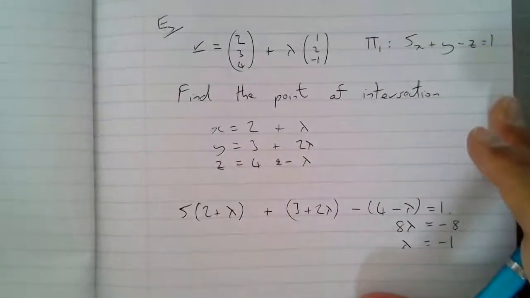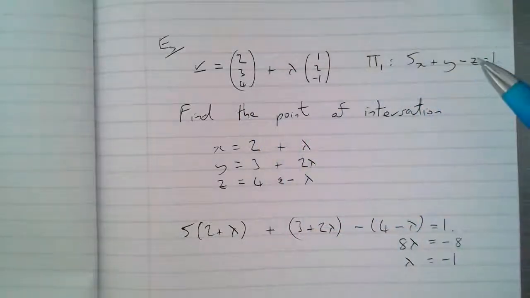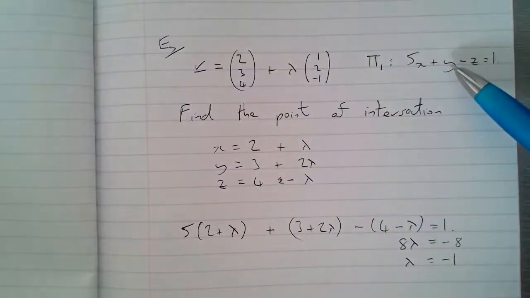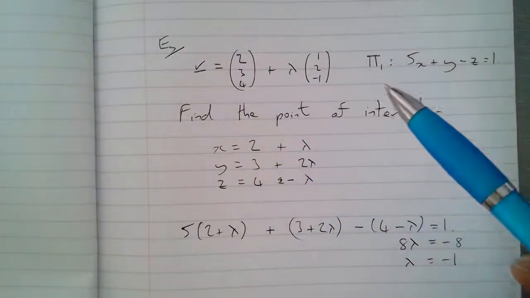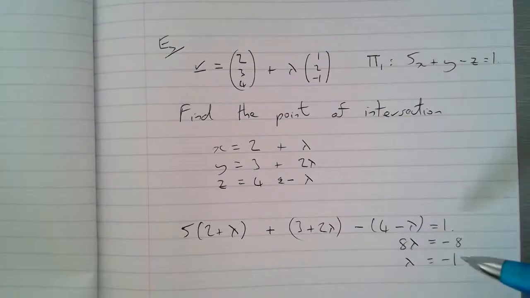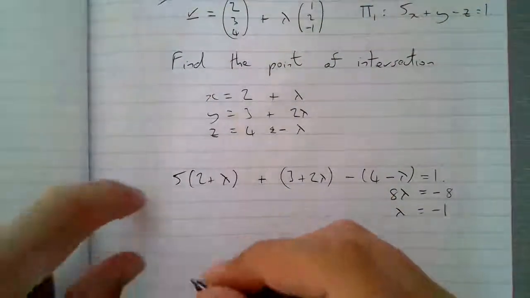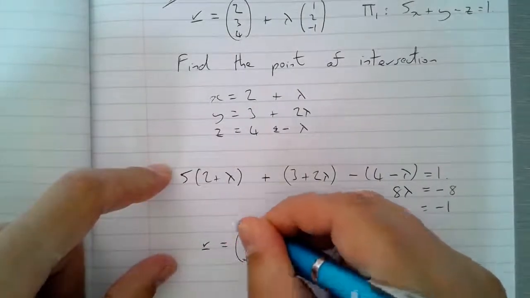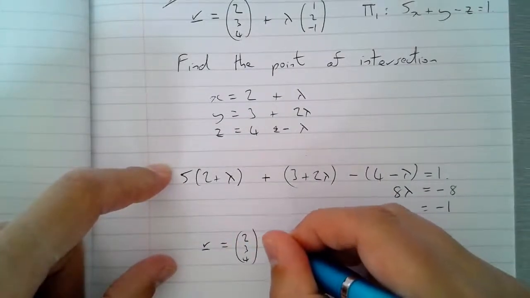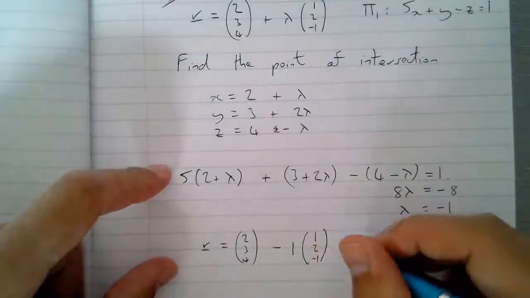So we know that if I stick the information from the line into the plane, it tells me the value of lambda for the point of intersection. So if I now stick that lambda back into my line, I know what r is equal to. r is equal to (2, 3, 4) plus lambda, which is negative 1, times (1, 2, minus 1).